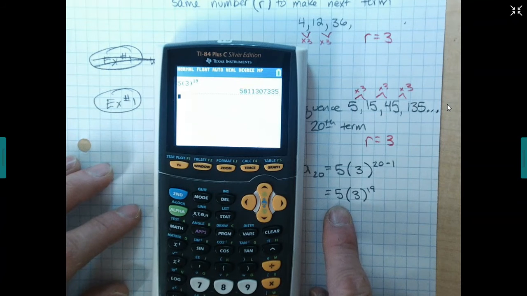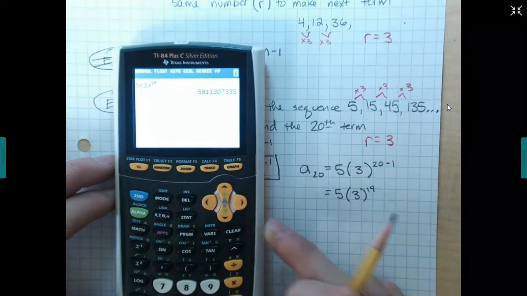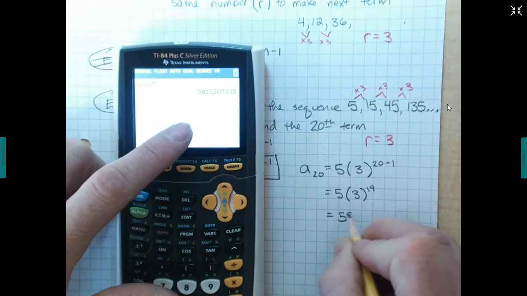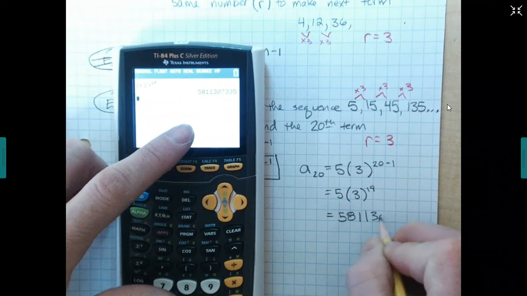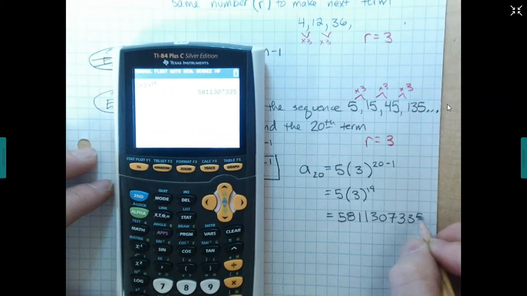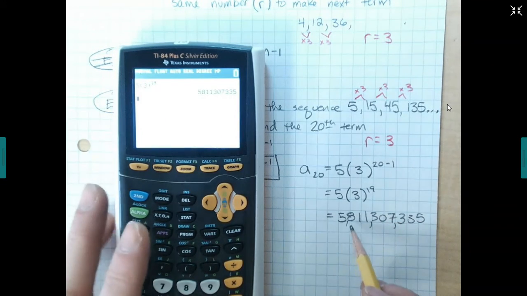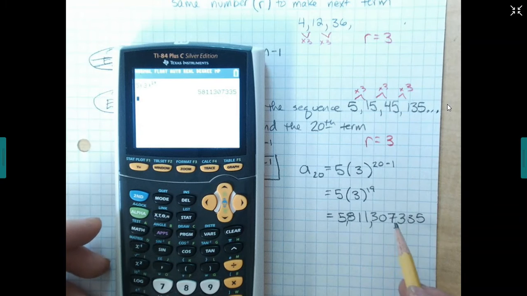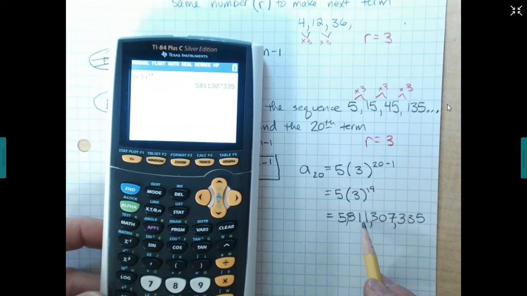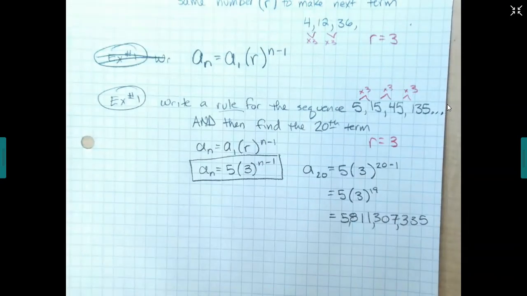Okay, and that's a big number. Geometric sequences increase quickly, as you can see. So we have 5,811,307,335.